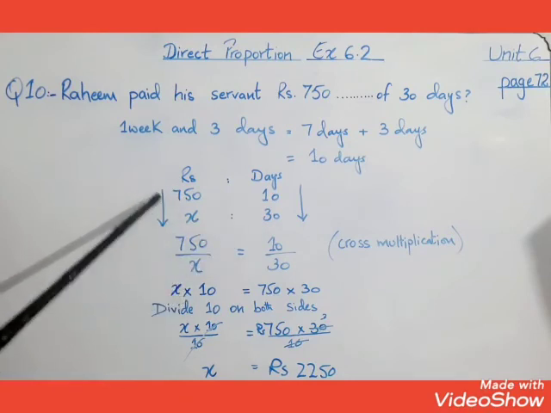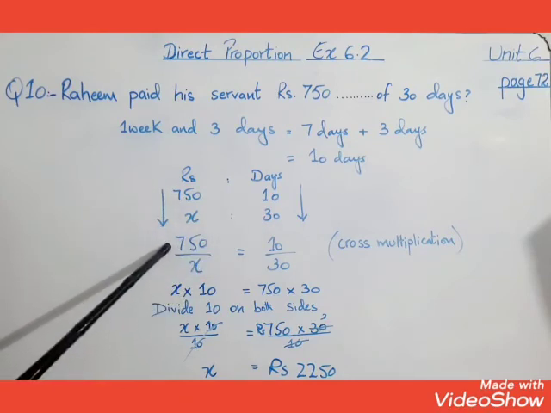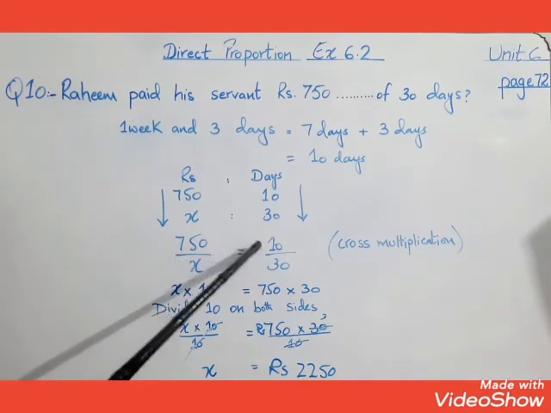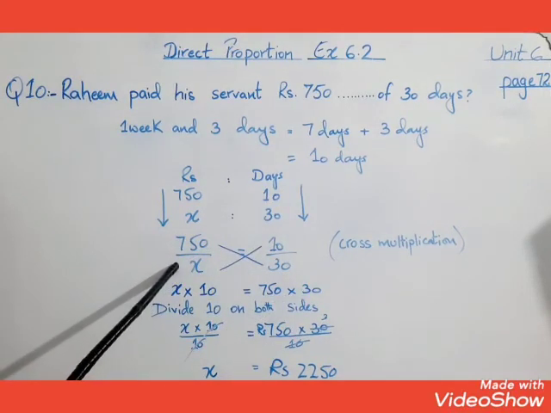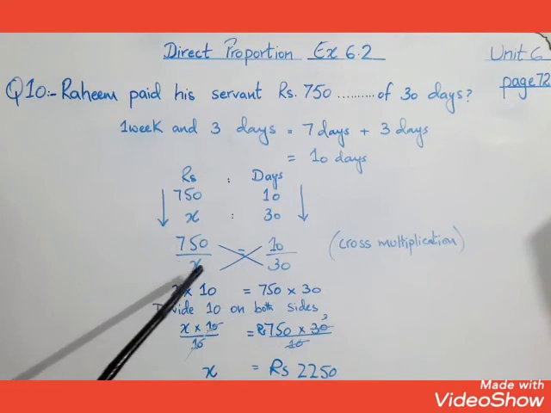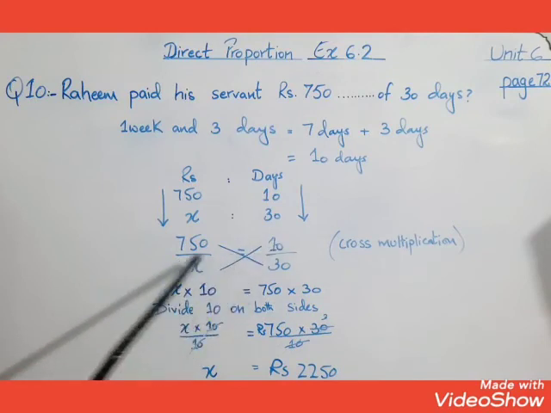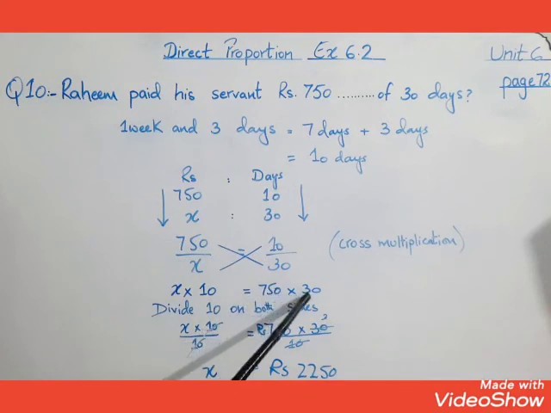Again, tail, head. Tail 750 over x, 10 over 30, and again we will use the cross multiplication method. Now see the cross multiplication method. x multiplied by 10 is equal to 750 multiplied by 30.